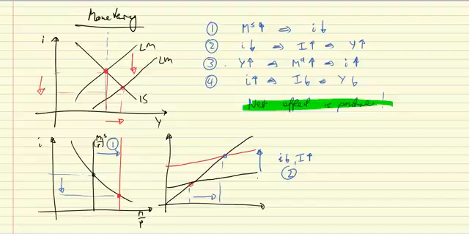Step 3 then means that back in the financial market we get a rightward shift of the money demand function.